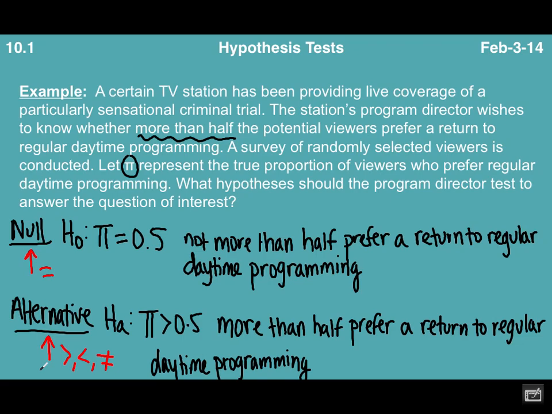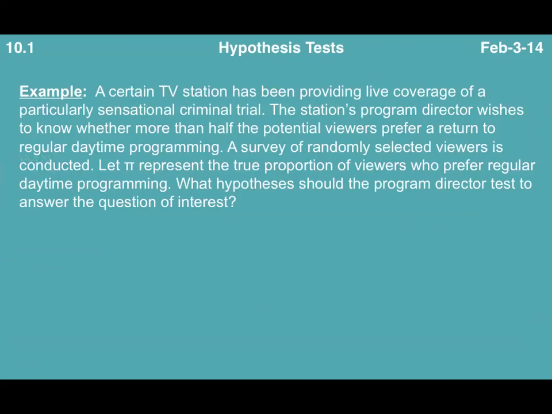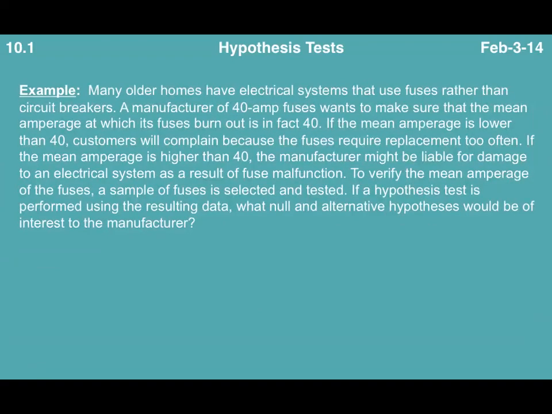So I have one more example for us to do. Okay, many older homes have electrical systems that use fuses rather than circuit breakers. A manufacturer of 40 amp fuses wants to make sure that the mean amperage at which its fuses burn out is in fact 40.